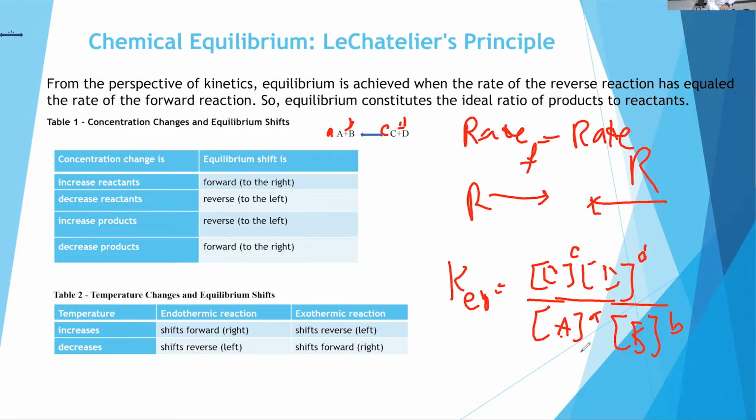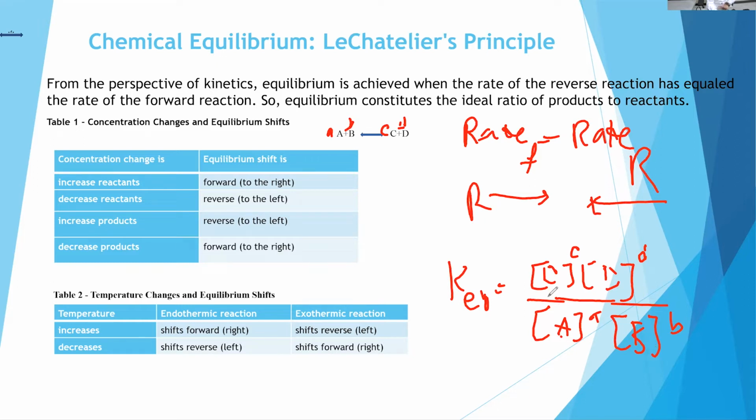That's the equilibrium expression. Concentration of product raised to the power of their coefficient, concentration of the reactants raised to the power of the coefficient. Solids and liquids are not allowed.